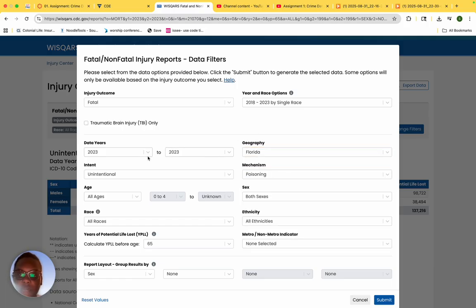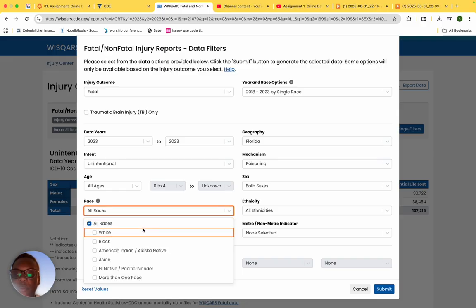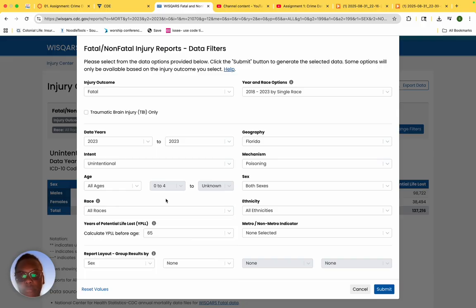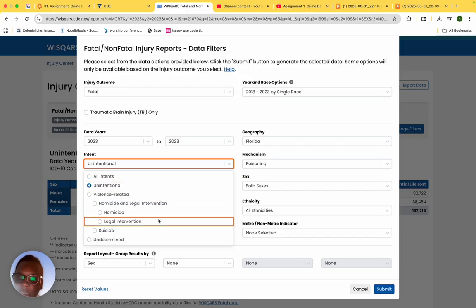The year remained the same, 2023. I did not touch ages because that will make the graph too long. The race, for the most part I use all races. For one, I believe I use black, right? And then this is where you would change the intent, whether it's unintentional, all intents, violence related, suicide.